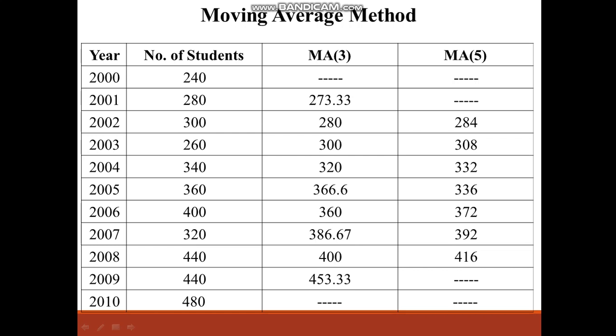Then to obtain the MA5 at the next year, we add 280 plus 300 plus 260 plus 340 plus finally 360, and we put it at the middle observation, which is here in front of 2003, and so on until the end.